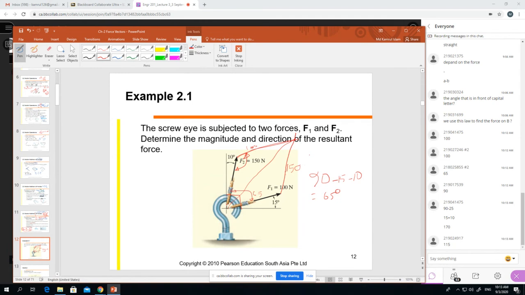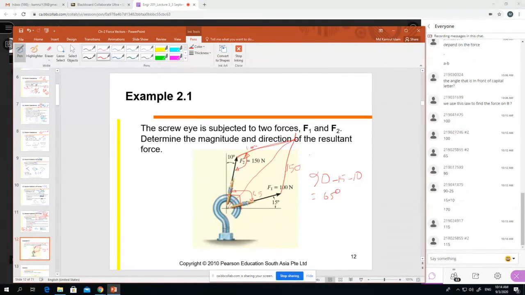Sorry. The rectangle, all its angles should sum to 360. Yes, right? So we will calculate it by the other angles.